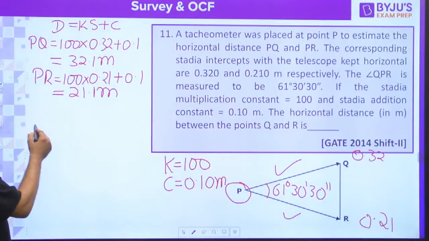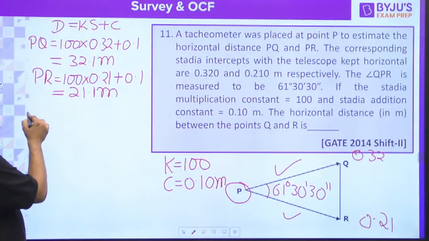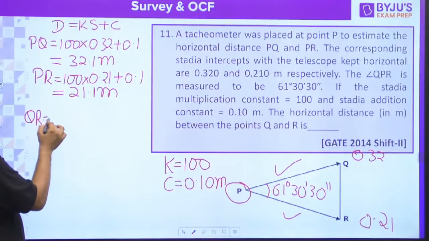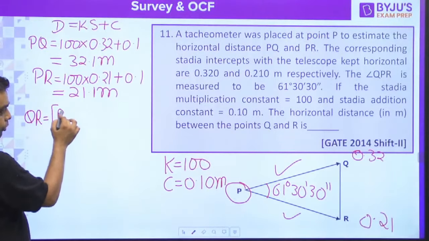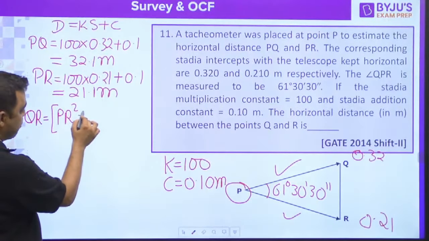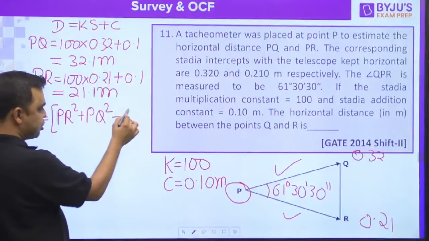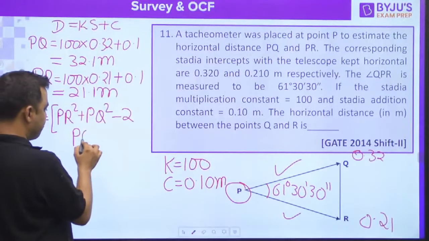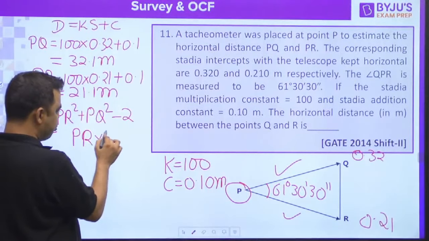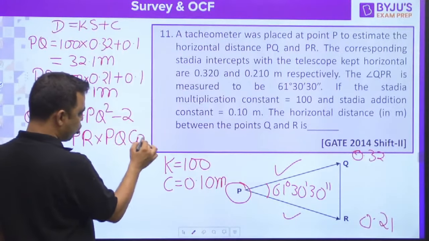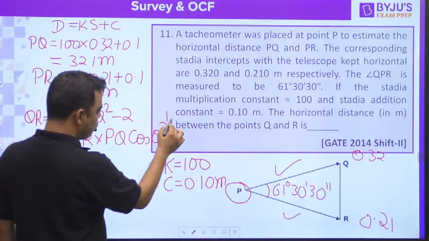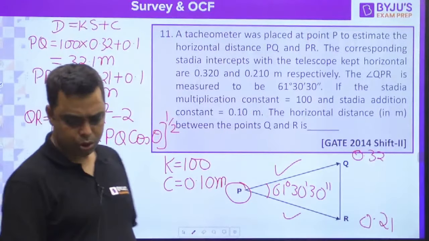Right. So, cosine rule. How much will be the cosine rule? Can I tell that QR will be equal to (PR square plus PQ square minus twice of PR into PQ cos theta) whole to the power of 1 by 2.